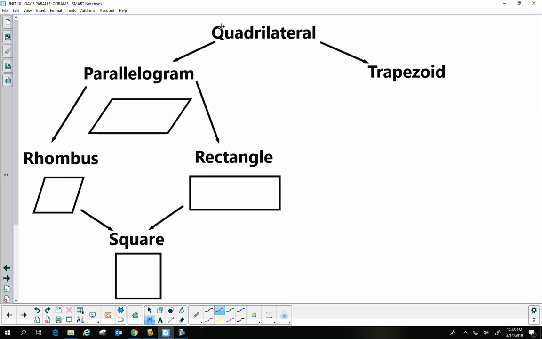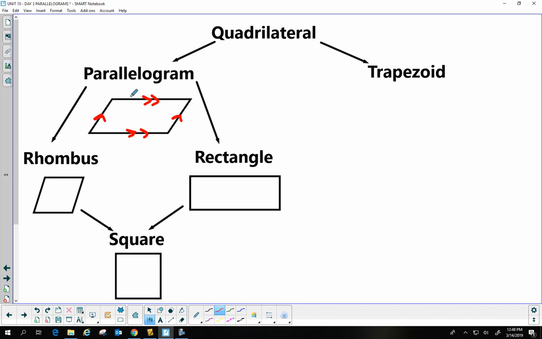year. So a parallelogram, which you probably have seen and know about already, is a special type of quadrilateral. What makes a parallelogram is that the opposite sides are parallel, and we'll talk more about this later on. So those two sides are parallel, and those two sides are parallel, and that's where it gets its name.